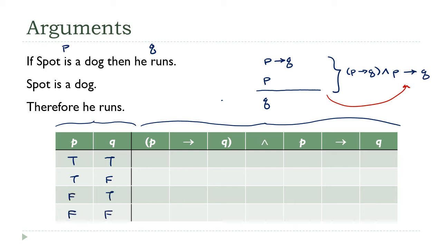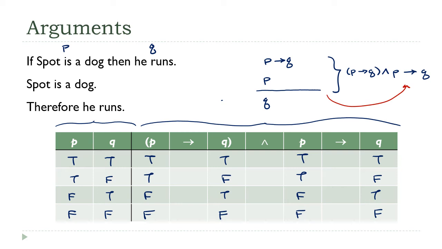Then I'm going to copy them over. So I've got two P columns over here on the right. Those are both going to get true, true, false, false. And I have two Q columns. Those are going to get true, false, true, false, and the same thing over here.